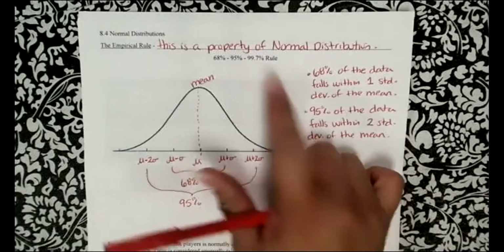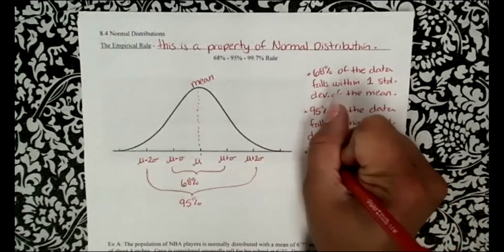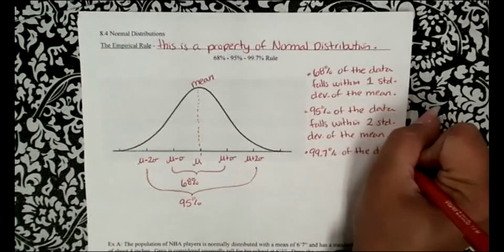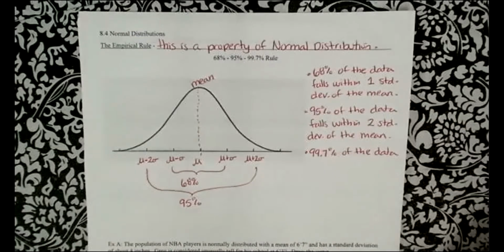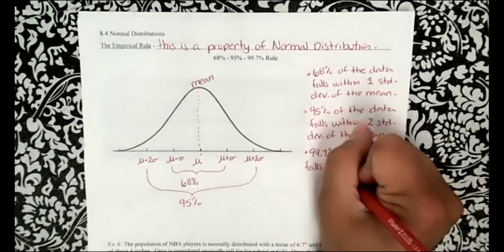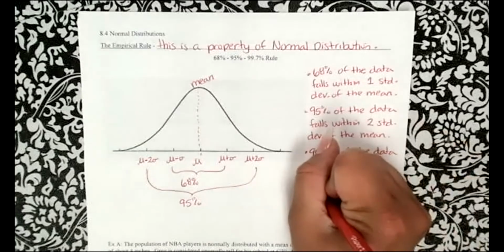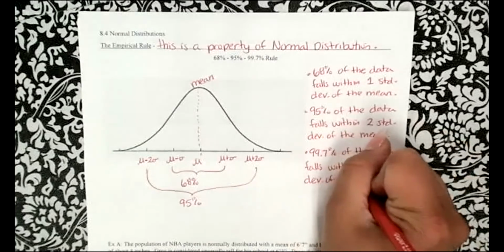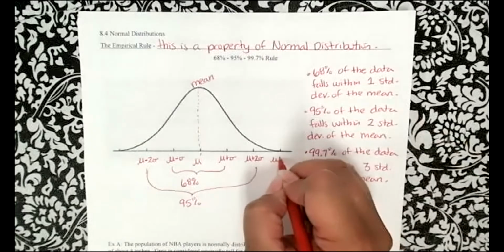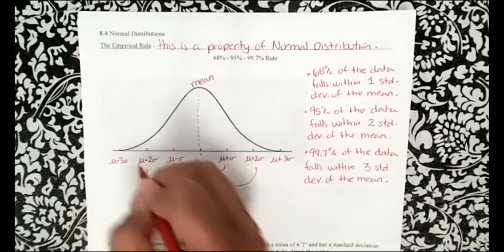And then the 99.7 represents the data falls within three standard deviations of the mean. So this would be the mean plus three standard deviations, the mean minus three standard deviations.